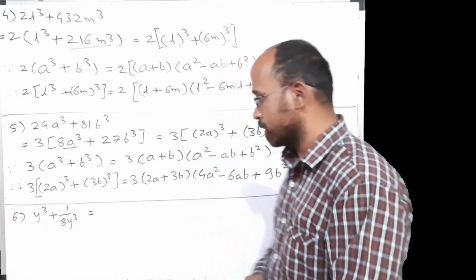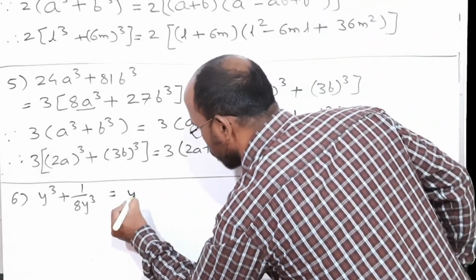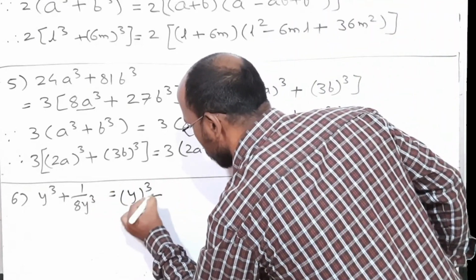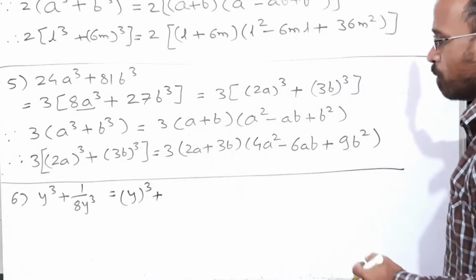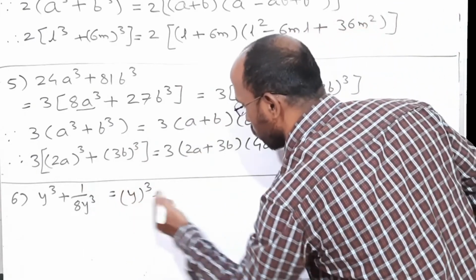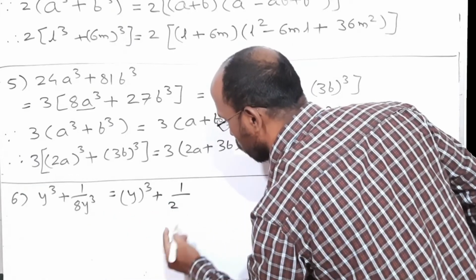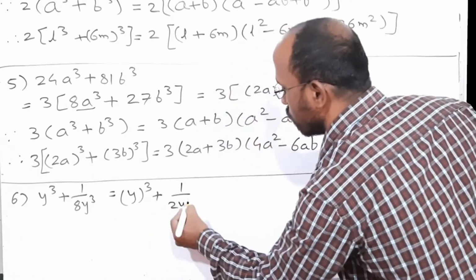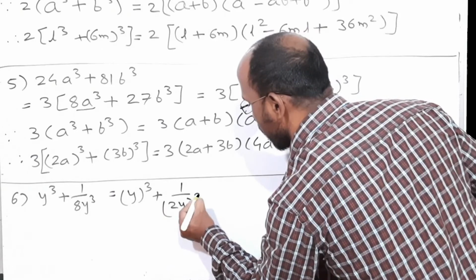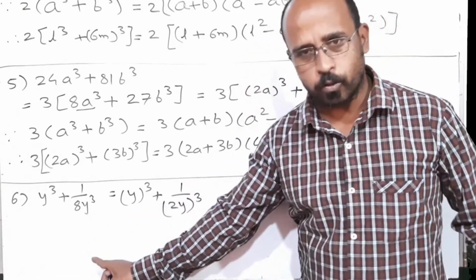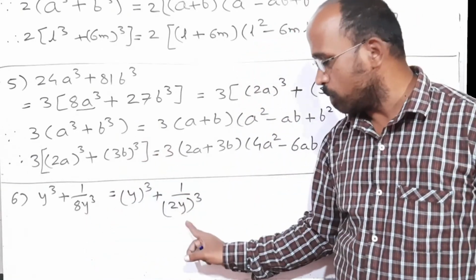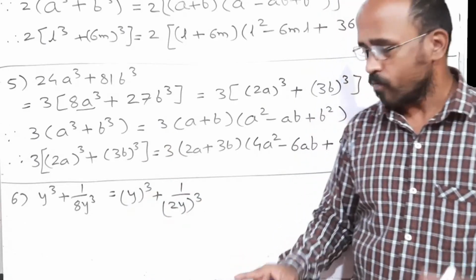So let's find it. Y cube is nothing but cube of y plus 1 upon 8y cube. Cube root of 1 is 1, cube root of 8 is 2, cube root of y cube is y. So 2y is the cube root of 8y cube, or 8y cube is a cube of 2y. Done.